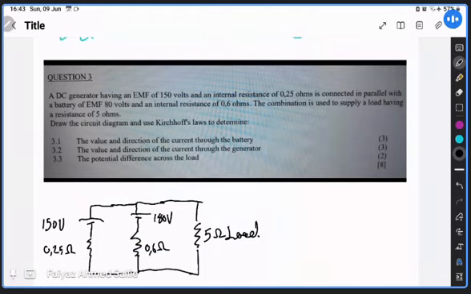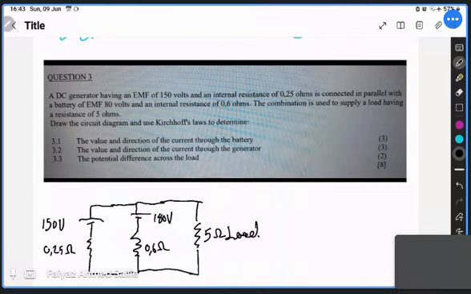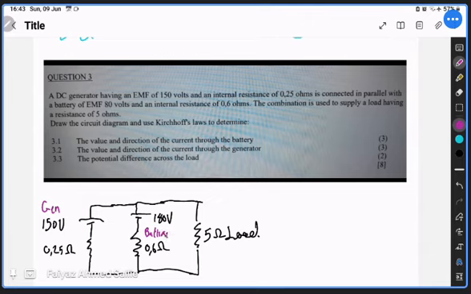This here is our DC generator and this here is our battery. We know that I1 flows here, I2 is over here going down, and I3 is over here going this side, right?